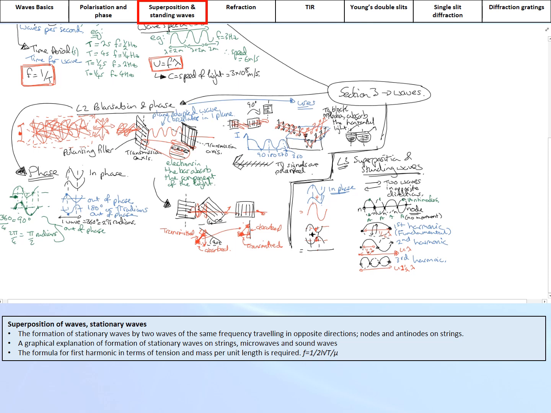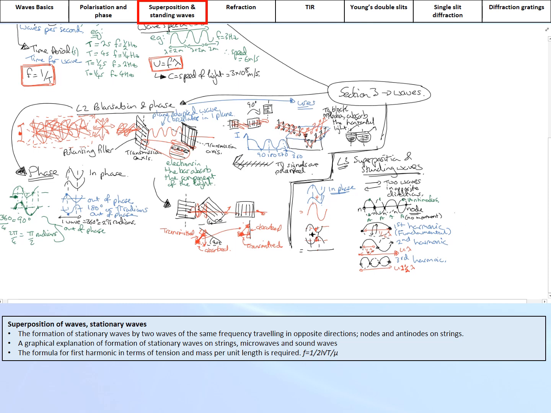So you've got to be able to realise that and apply it. They might say the third harmonic is set up and the length of the string is equal to 3 meters. And so you'd expect to be able to work out that therefore that's going to be 1.5 lots of the wavelength. So the actual wavelength itself is going to be 2 meters. Okay, so that's standing waves and harmonics.